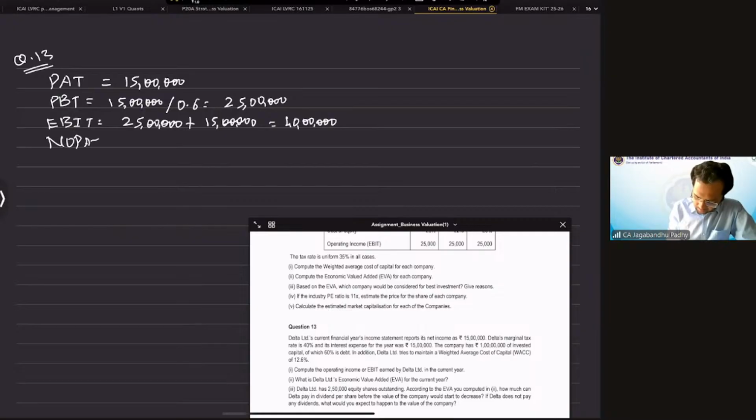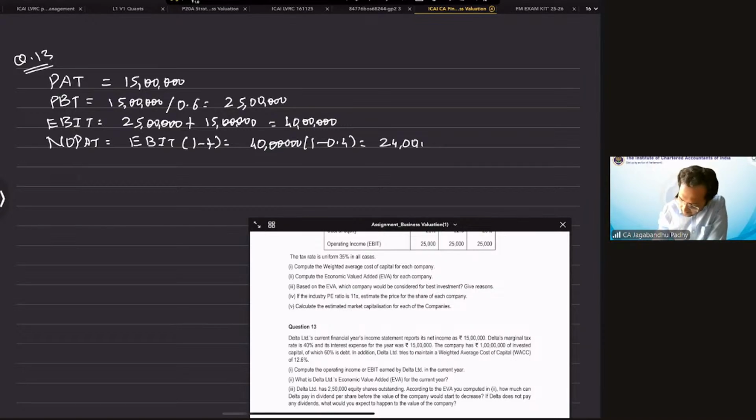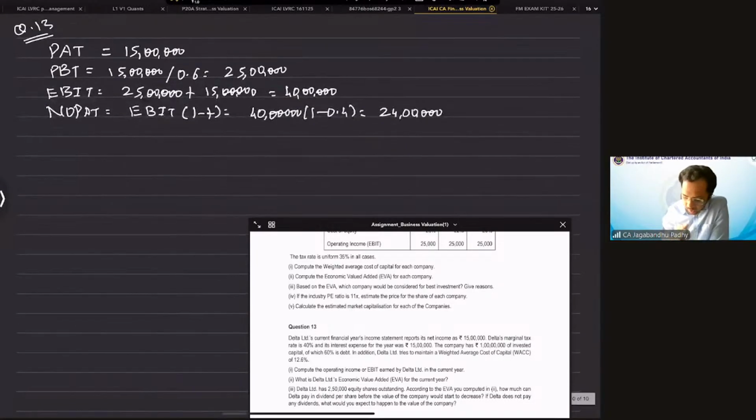Then your net operating profit after tax is EBIT into 1 minus T, which is 40 lakhs into 1 minus 0.4. So 40 lakh into 60%, which is 24 lakhs. So net operating profit after tax is 24 lakhs.